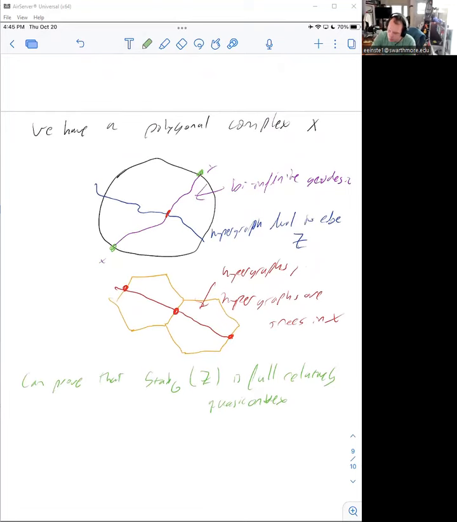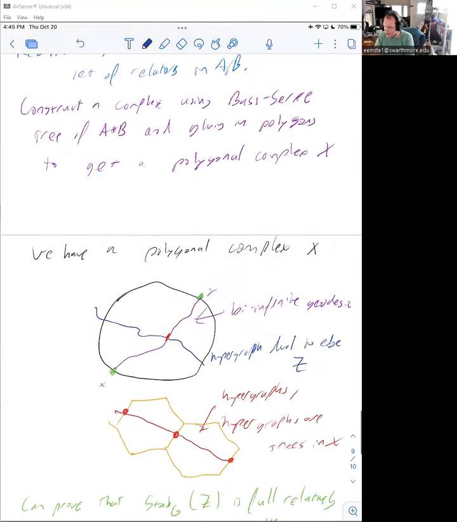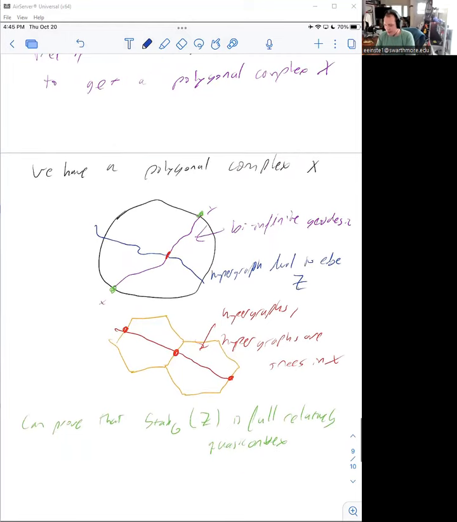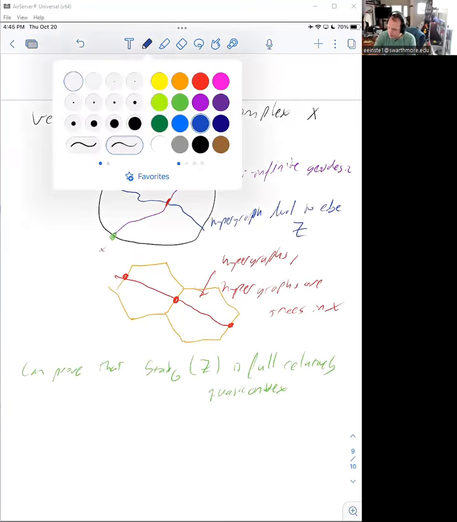Now, the problem with this, so remember we had this A star B and X. This solution works.